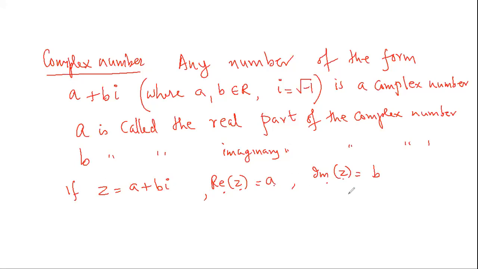Don't think the imaginary part is bi, it is only b. So I gave you the definition of a complex number. Completed?